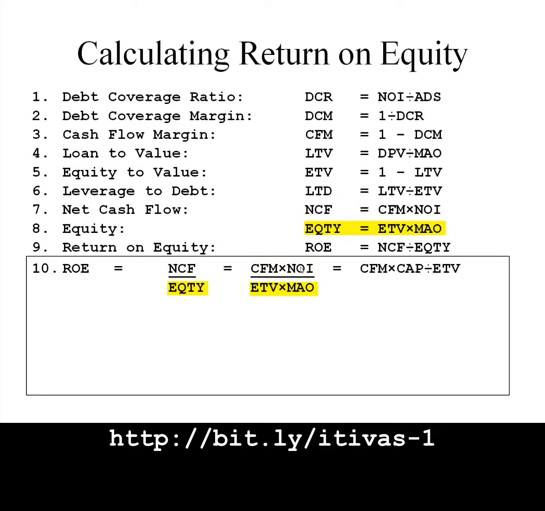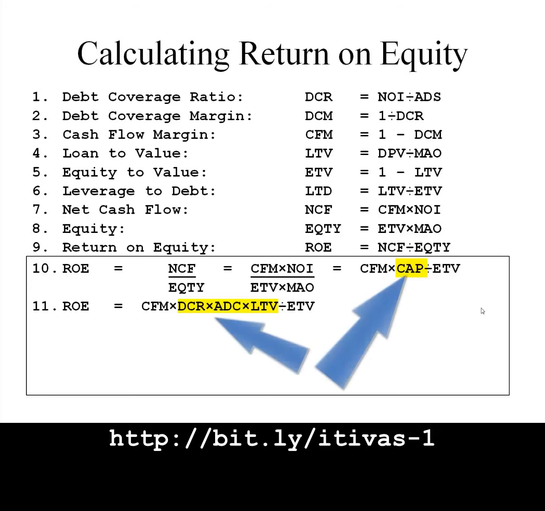We can then expand the equation further to show that the NOI over the MAO is the cap rate, and perform a substitution. Further substituting, we see that the return on equity equals the CFM times DCR times ADC times LTV divided by ETV.